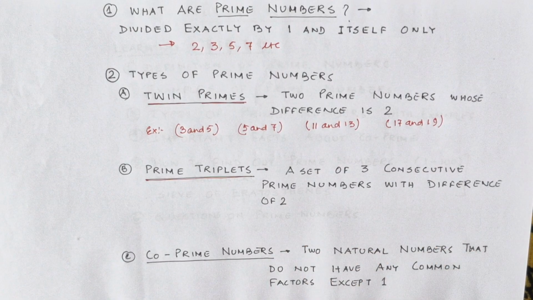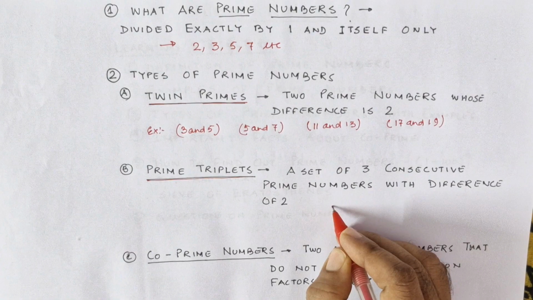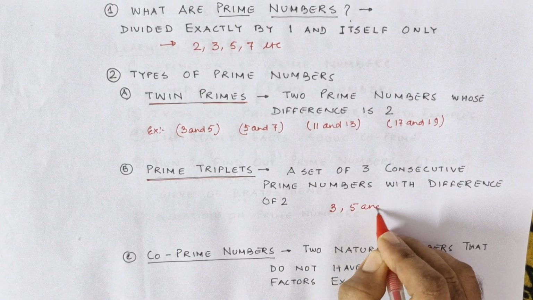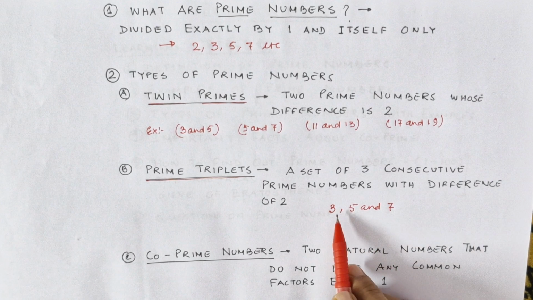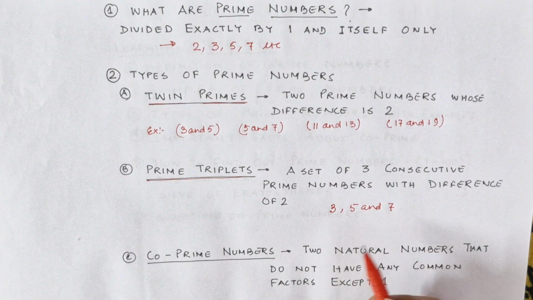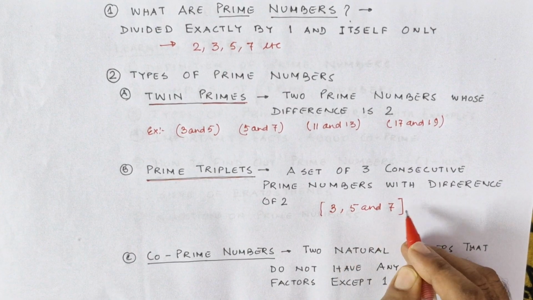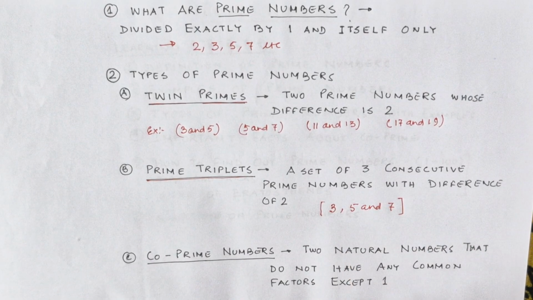So what is it? 3, 5 and 7. So these are triplets, see, the difference is 2. 3 to 5, 5 to 7, the difference is 2, and this is the only prime triplet existing.